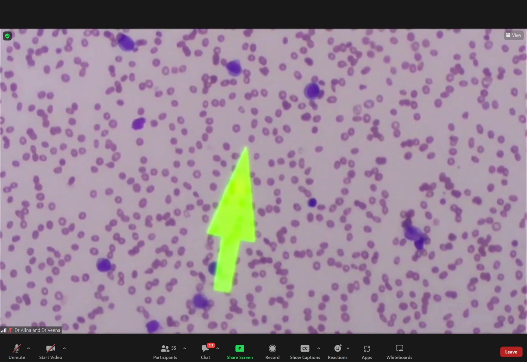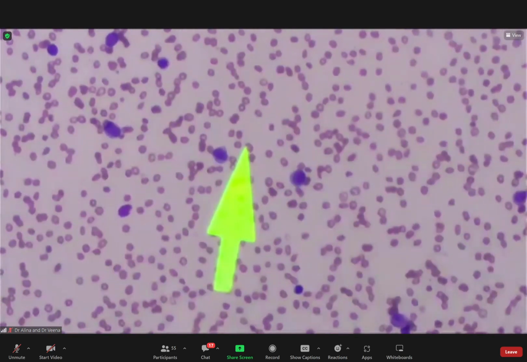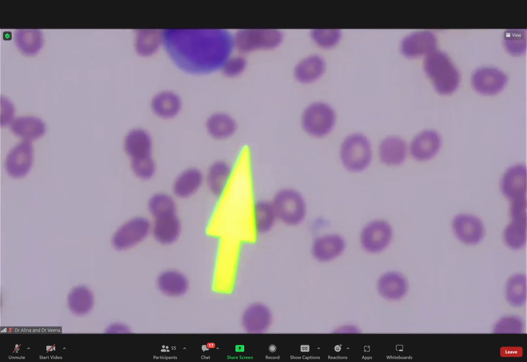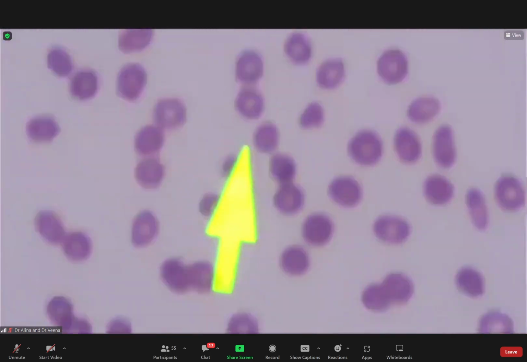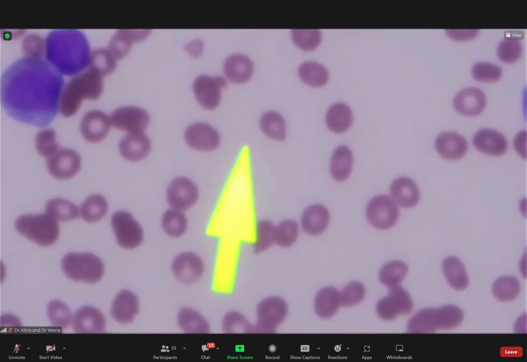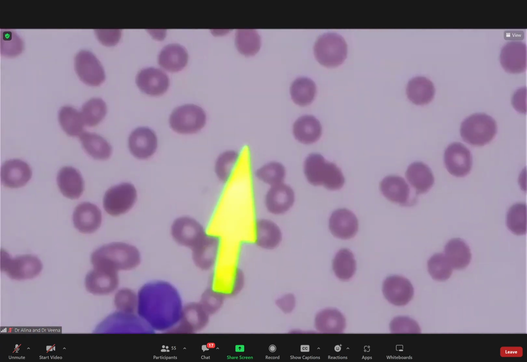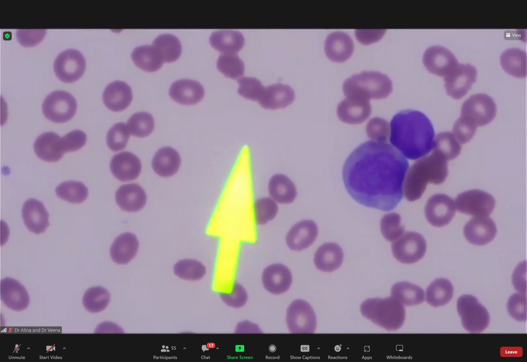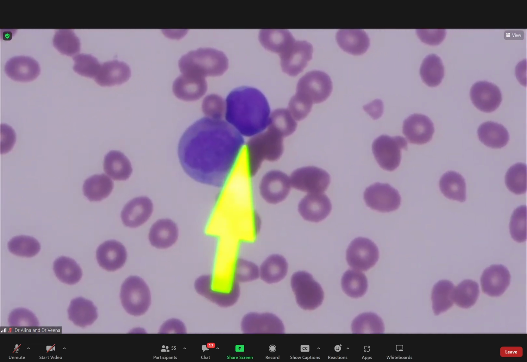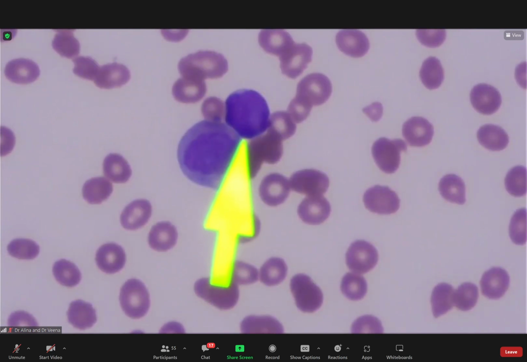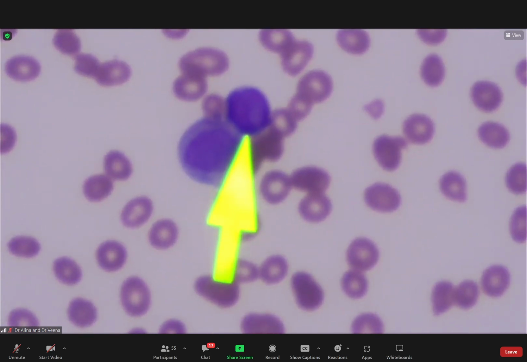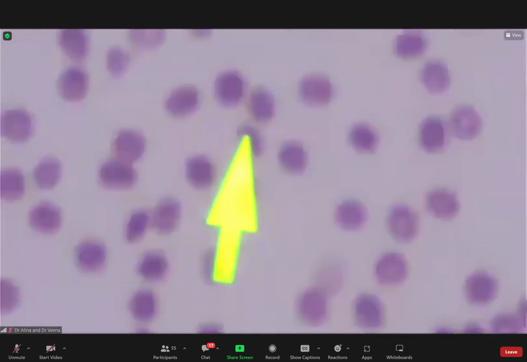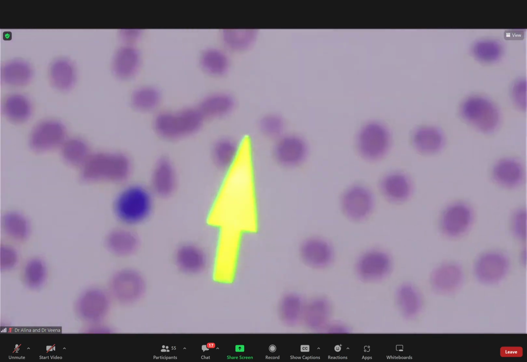So I do say this one is a bit trickier because it does look quite blastic. Transformation, like blastoid transformation. See, it does look quite blastic, huh? High NC ratio, prominent nucleolus.